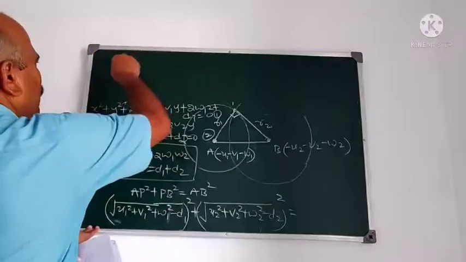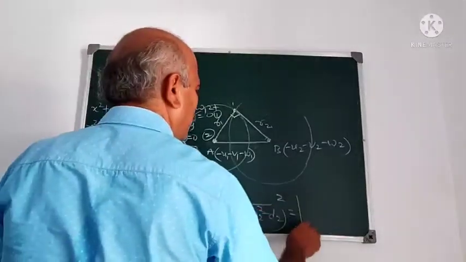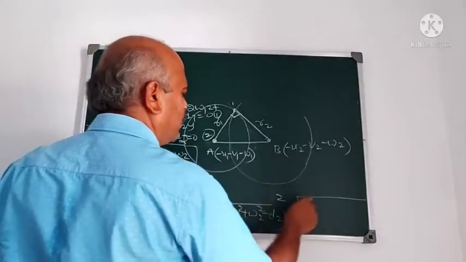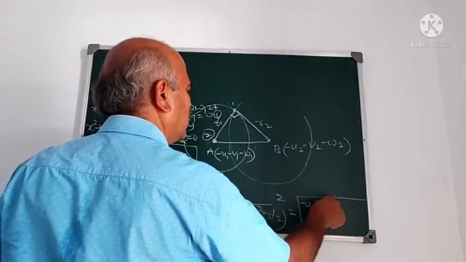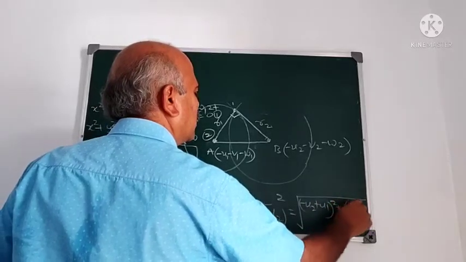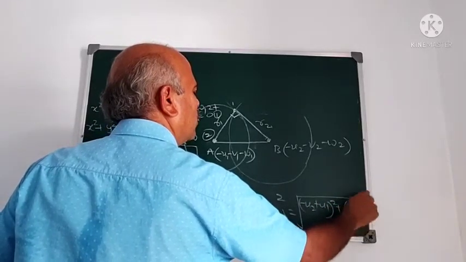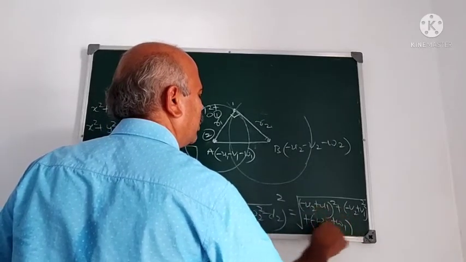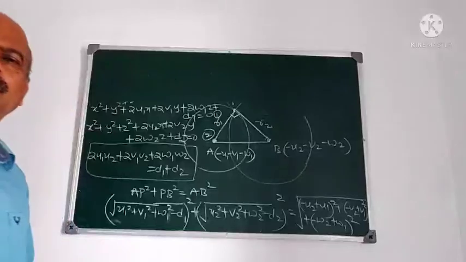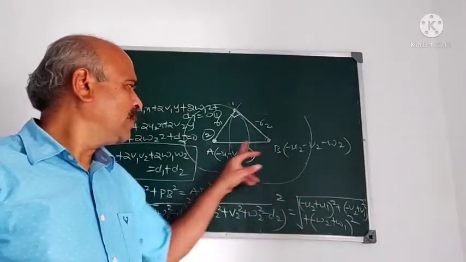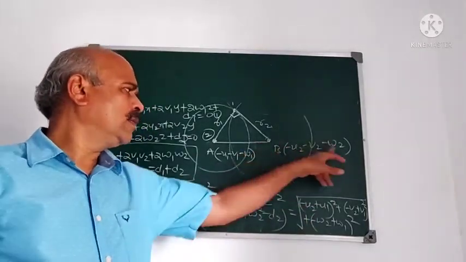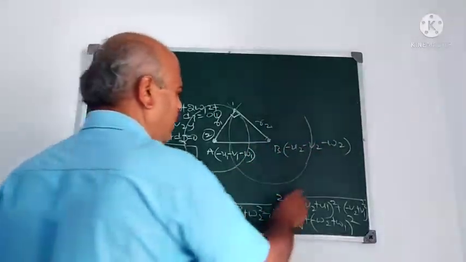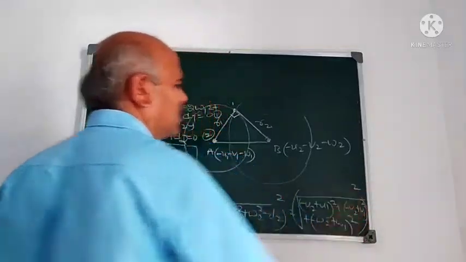Therefore, AB is equal to the square root of (-u2 + u1)² + (-v2 + v1)² + (-w2 + w1)², because of the distance formula. What is the distance formula? The square root of (x1 - x2)² + (y1 - y2)² + (z1 - z2)², and then squared.